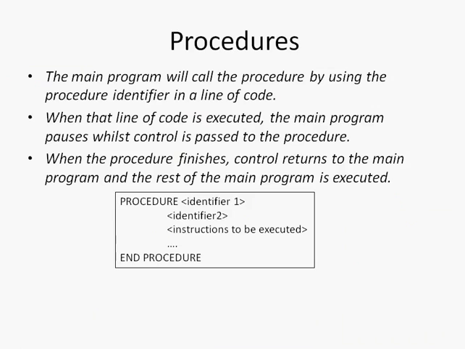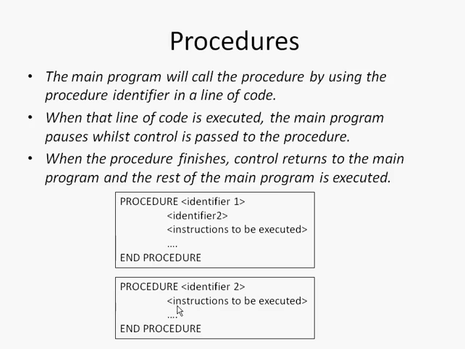So that's what I'm going to show you in this example here. Procedure is called identifier 1, which then calls identifier 2. That executes its instructions, and then the code would jump back up to here where more instructions can be executed. Of course, all procedures need an end procedure, or in the case of VB.NET, an end sub command to make sure that particular block of code is finished.